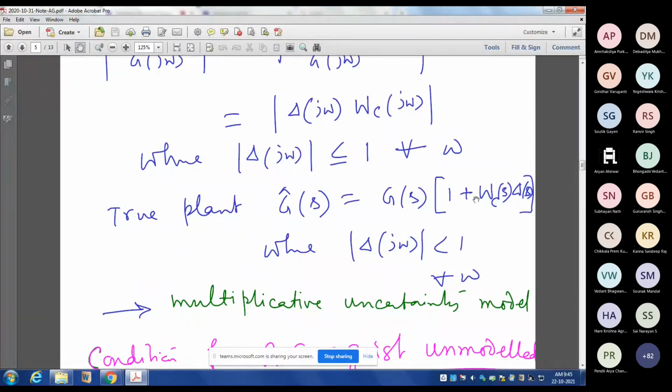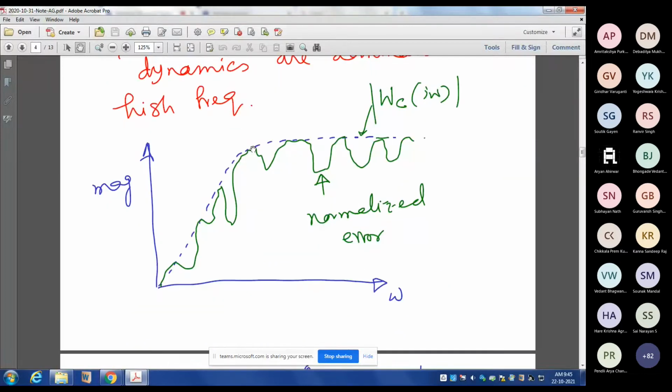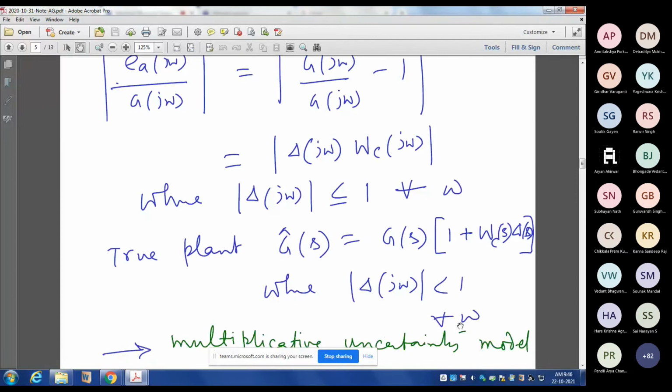This is called the uncertainty weight, WC s. You can easily see that WC s is a high pass filter. So the uncertainty weight is a high pass filter, which the designer has to choose so that it encompasses the neglected or unmodeled dynamics.